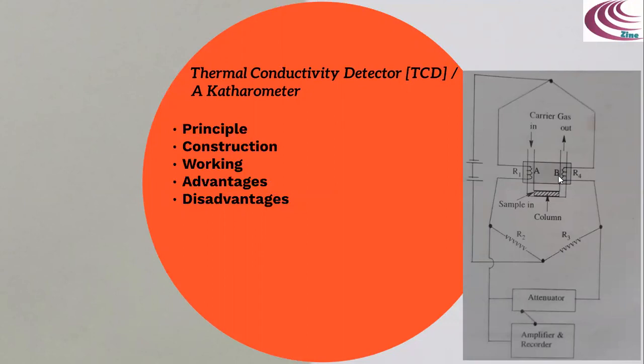The coils are made of fine platinum or tungsten wires, or alternatively a semiconducting thermistor is used. Two more resistances, R2 and R3, are connected with these coils, and the circuit is joined so as to amplify and record the signal.